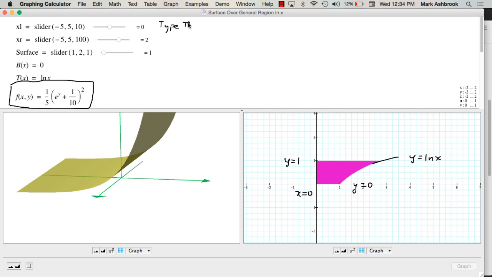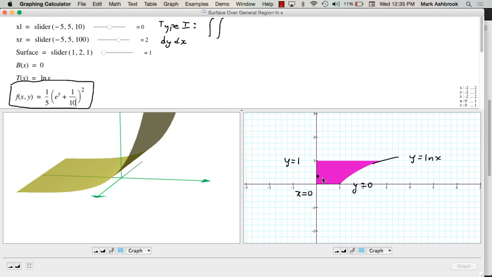Ready? Type 1. What's the order of integration for type 1? dy dx, which means what first? Bottom to top, right? So what's the bottom of this thing? 0 is the bottom of this, part of the way, right? So type 1 is dy dx, or bottom to top, then left to right.